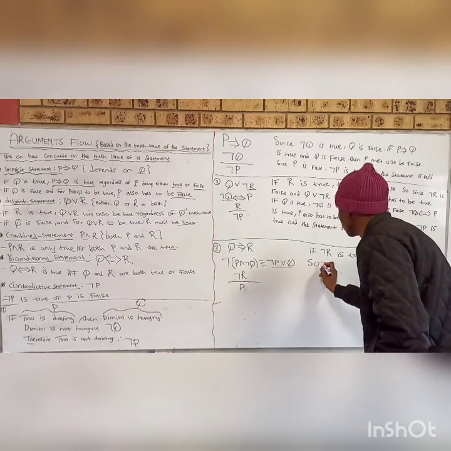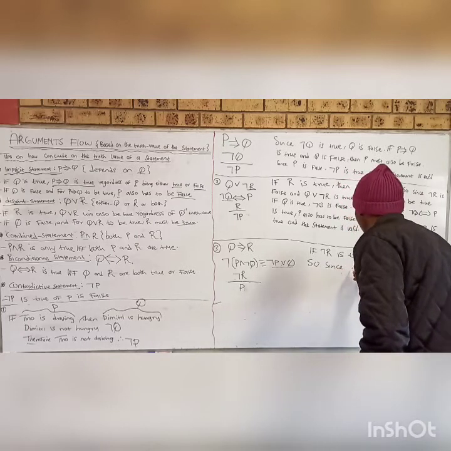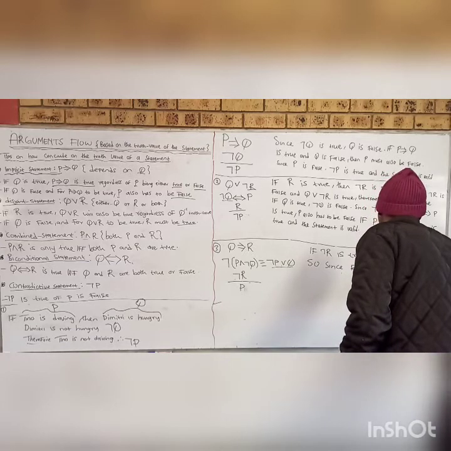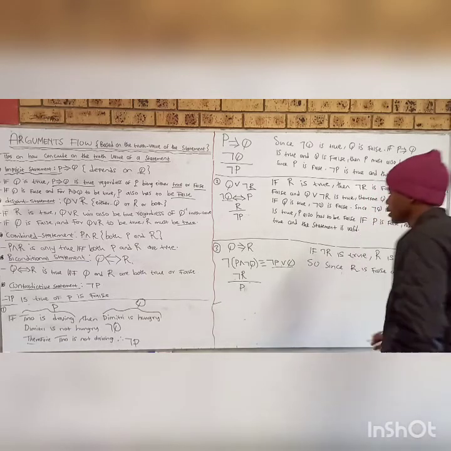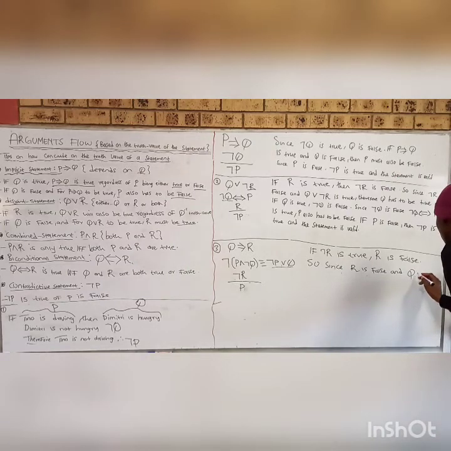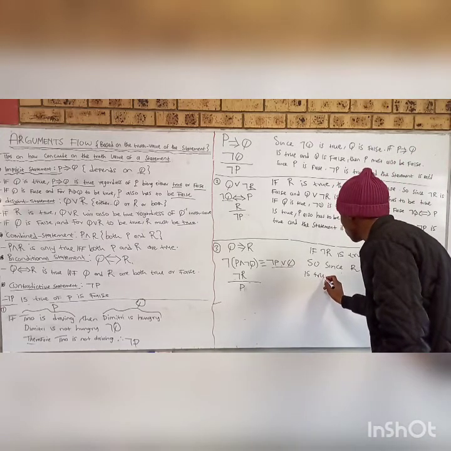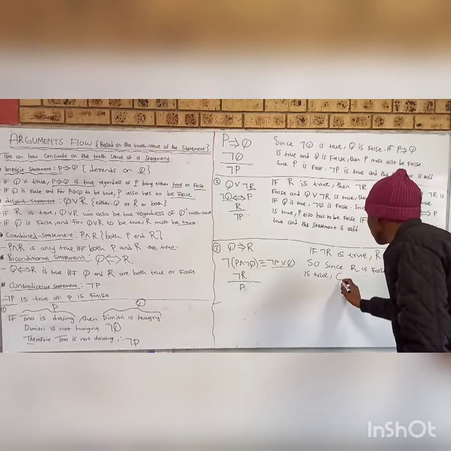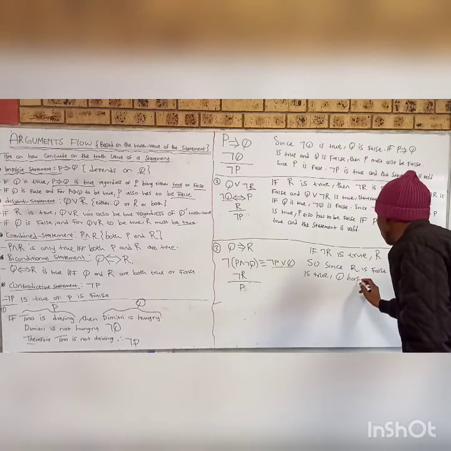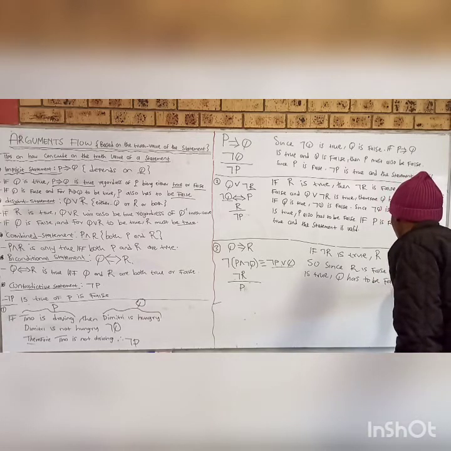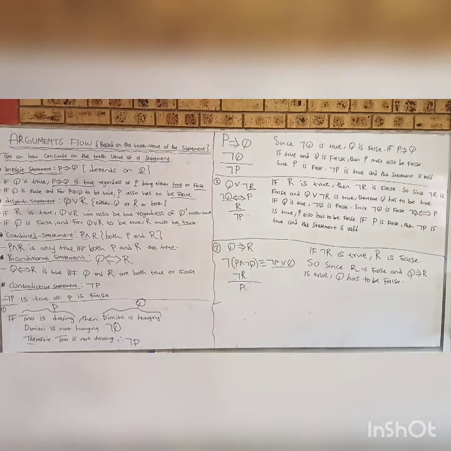So, since we know that R is false, and Q implies R is true, Q has to be false.